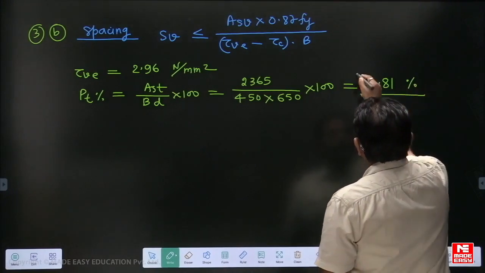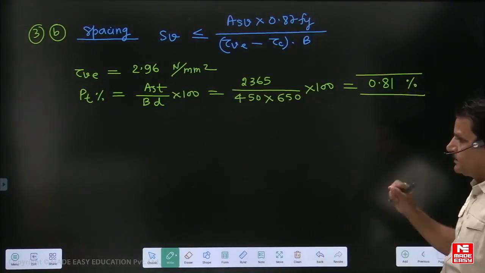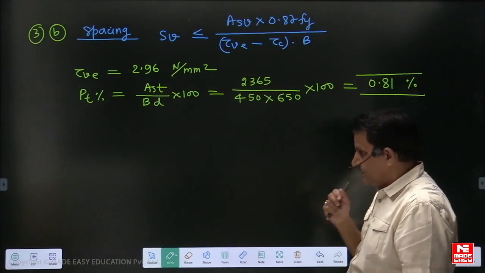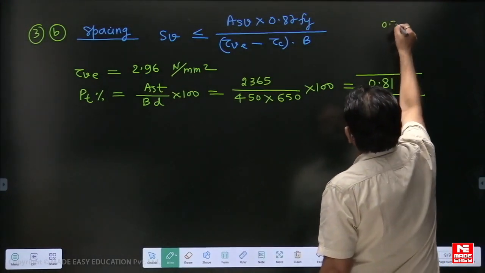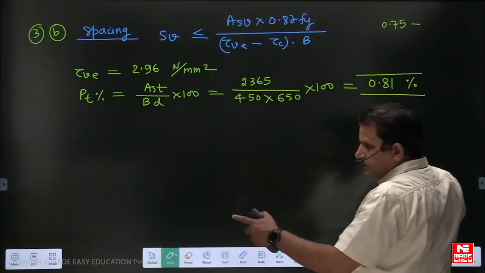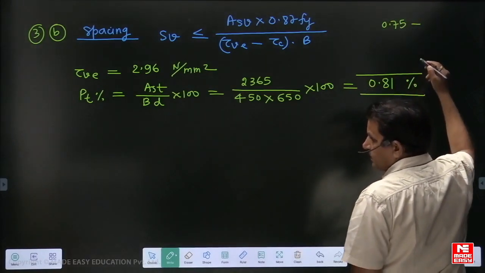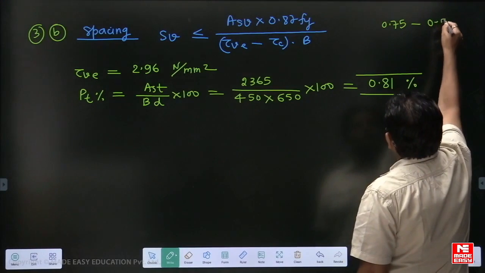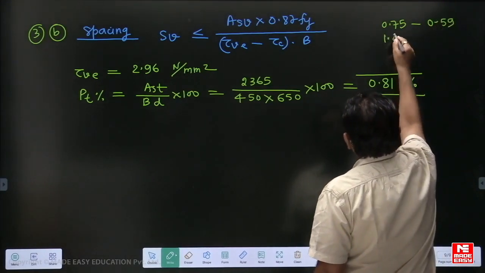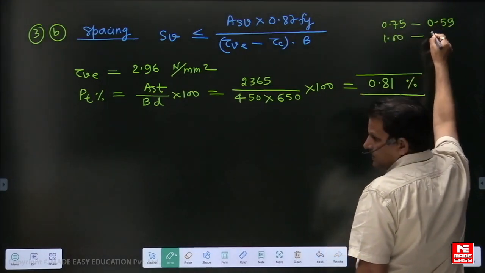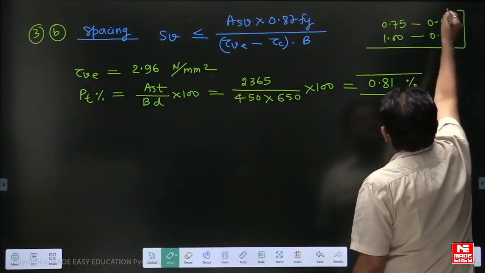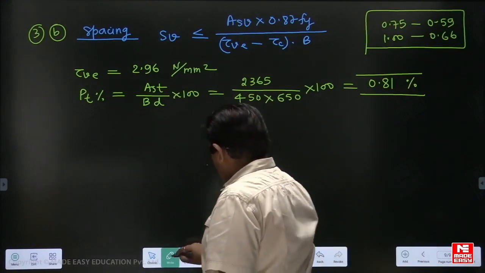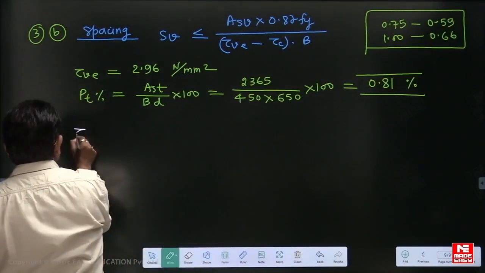So for 0.81%, let's see the tau c value. The tau c value is given in the question for 0.75% as 0.59, and for 1% the value given is 0.66. So let's calculate the value in between these two. You can interpolate the value of tau c.